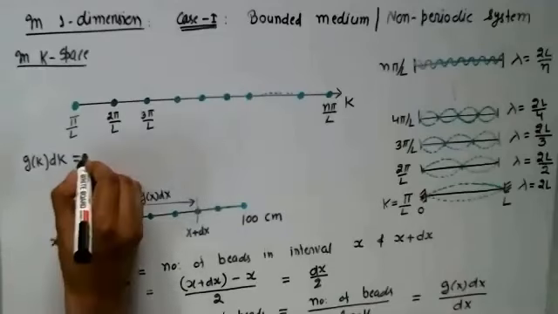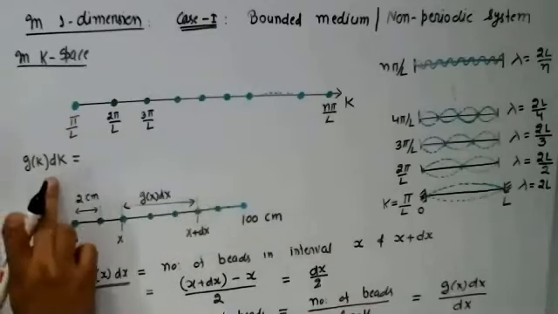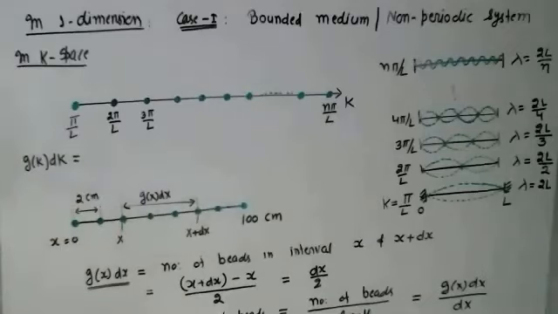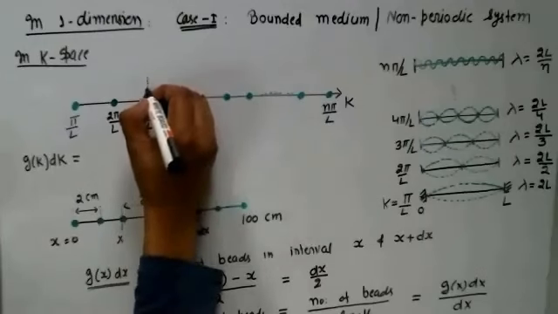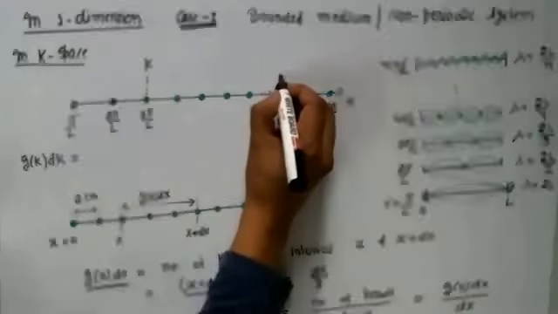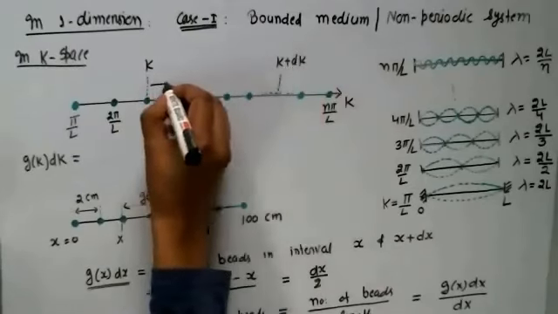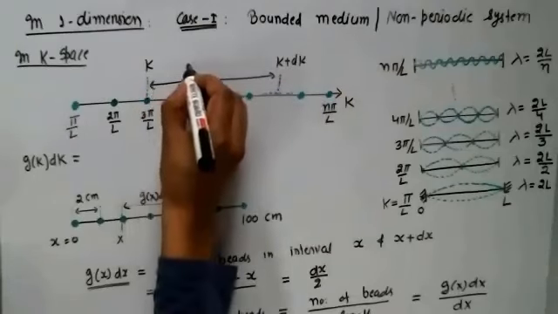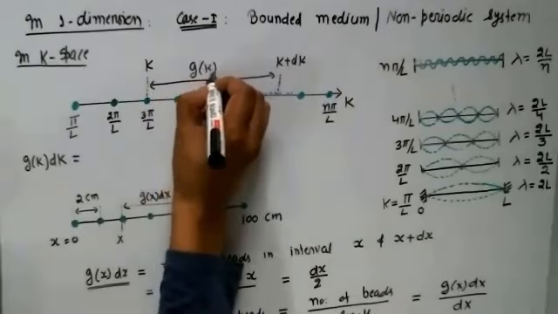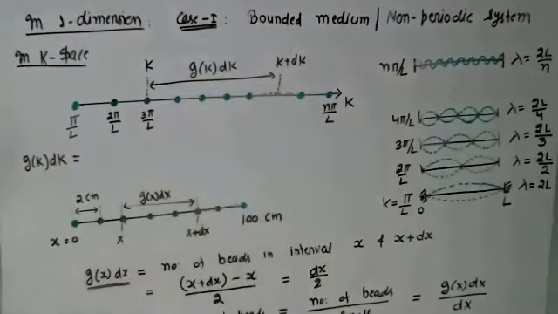You can write down, this represents the number of k states in the interval k and k plus dk. So I can define some region k and k plus dk, and in this interval the total number of k states is represented by this quantity called gk dk.